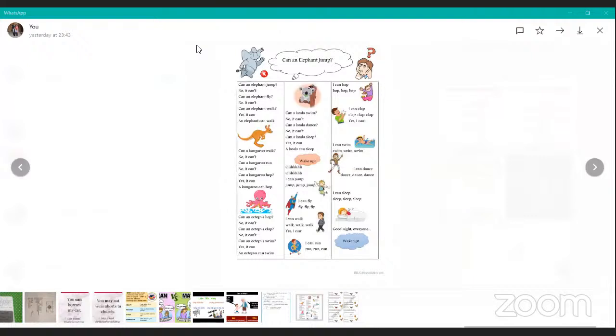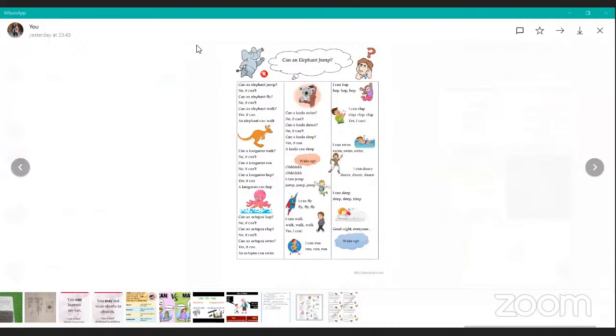No, it can't. Can an octopus clap? No, it can't. Can an octopus swim? Yes, it can. An octopus can swim.